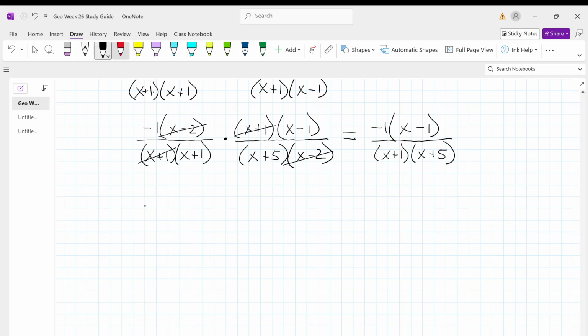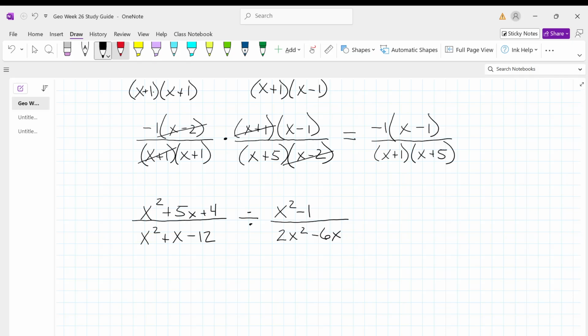Let's take a look at x squared plus 5x plus 4 over x squared plus x minus 12. We're going to divide that by x squared minus 1 over 2x squared minus 6x. All right, so again, I would factor first.